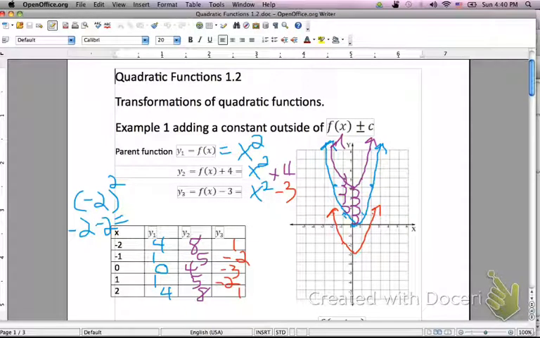So if you're adding 4 to f of x, our function will be moved up 4 spaces. If you subtract 3 from f of x, our function will be shifted down 3 spaces. So adding a positive value will move it up, subtracting a value will make it move down.